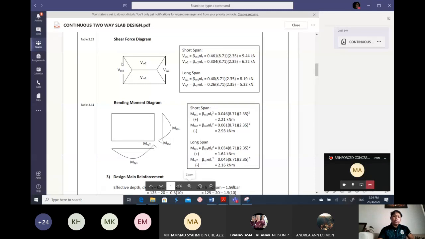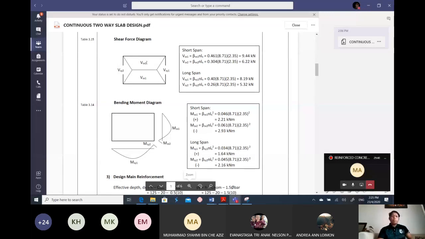Here this is a continuous edge, here also a continuous edge. That's why at the short span, at the continuous edge it becomes Vsy1. At this continuous edge it becomes Vsy2. For the long span, at the continuous edge it becomes Vsx1. At the long edge, ataupun discontinuous edge, it becomes Vsx2.